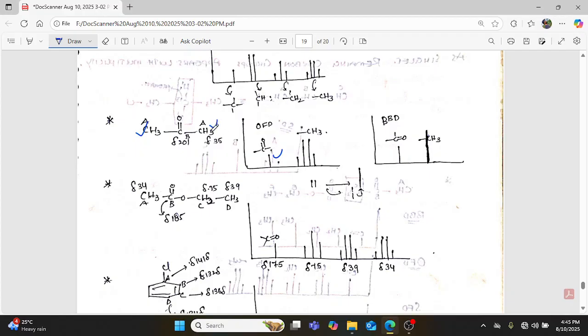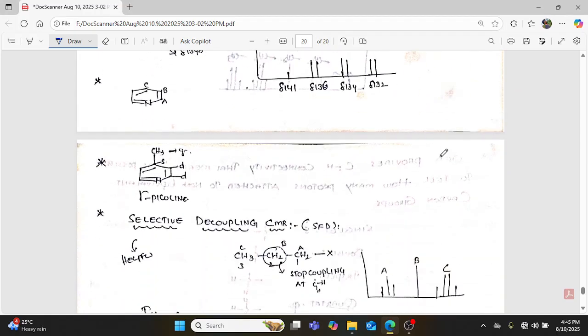Three. By the n plus 1 rule, 3 plus 1 means 4 signals, a quartet. Very simple. In proton NMR, the signals are written in this way, but here we will write straight lines. In case of C13, you need to remember that.